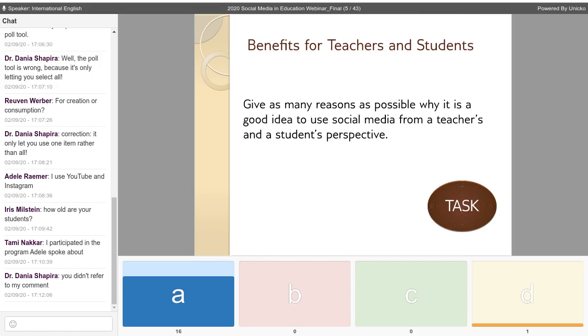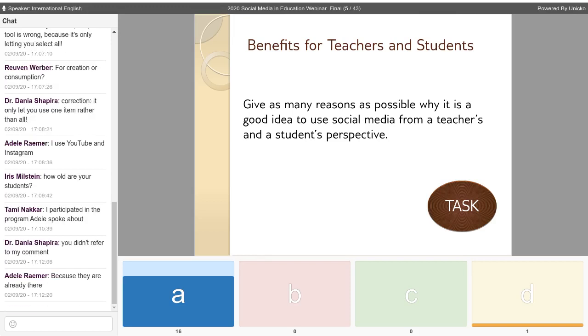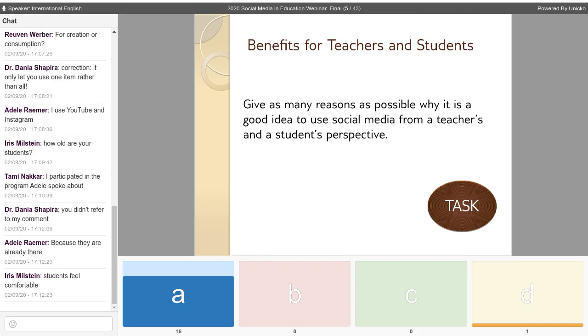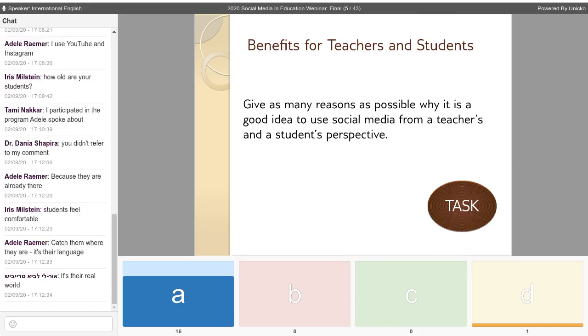What are the pedagogical benefits for students, for teachers, using social media? Why should we use social media with our students?